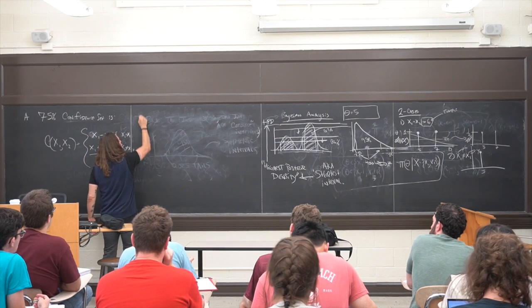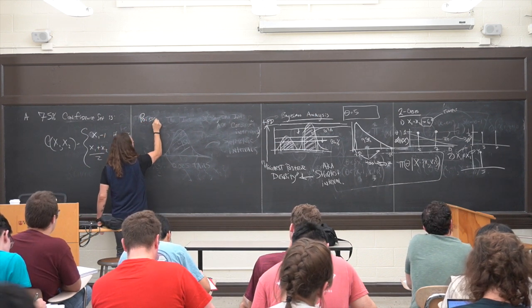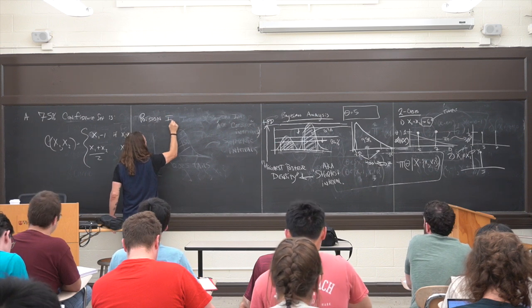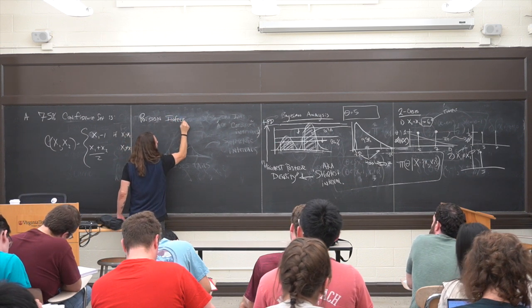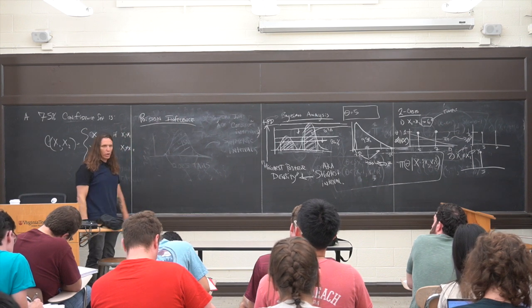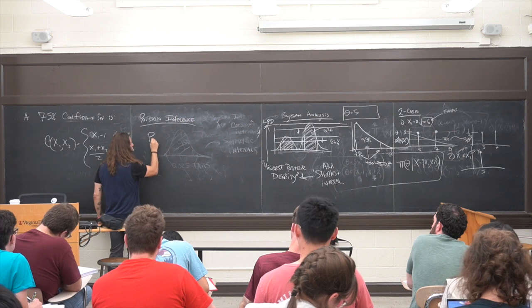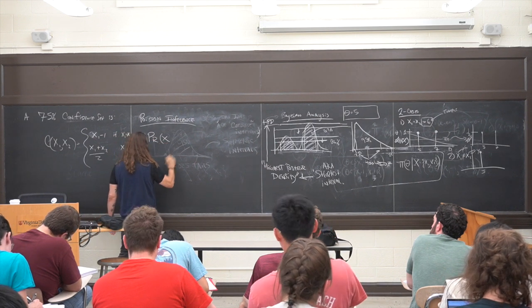Okay, let's just go to Poisson distributions. Let's do Poisson inference. It's very similar to all the stuff we've done before. So I first have to tell you what a Poisson distribution is.